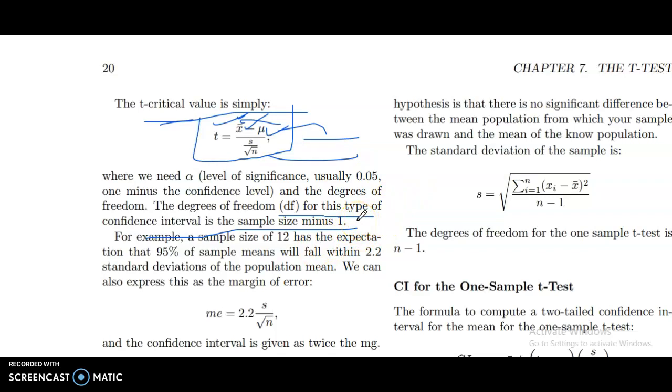For example, a sample size of 12 has the expectation that 90% of sample means will fall within 2.2 standard deviations of the population mean. We can also express this as a margin of error: 2.2 times s by root n.